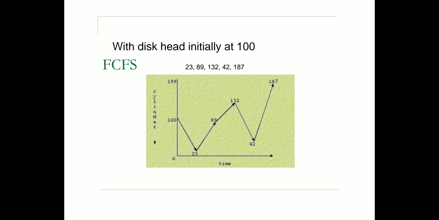So first 23 will be served, then 89, then 132, then 42, and at the end 187. This is the basic scheduling algorithm known as first come first serve, in which starvation cannot occur.